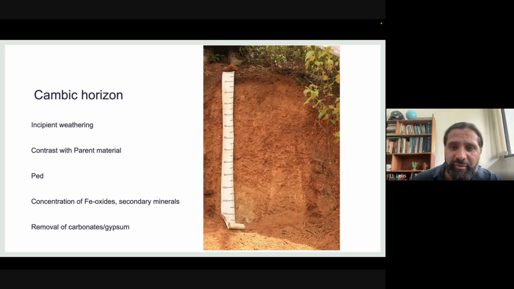We also have now the last diagnostic horizon, the cambic horizon. The cambic horizon, as the cambic horizon that we can see in Soil Taxonomy, registers an incipient weathering.